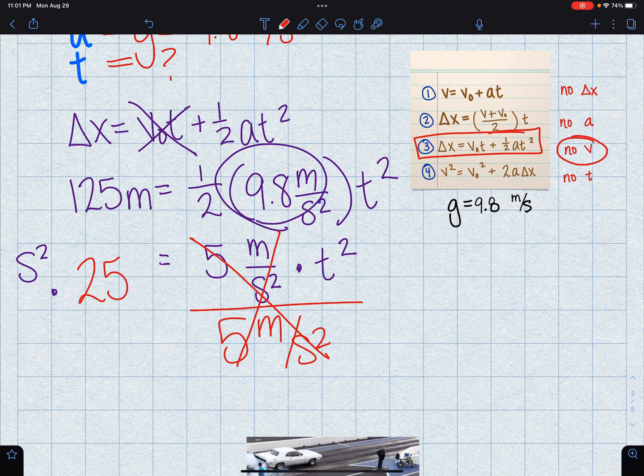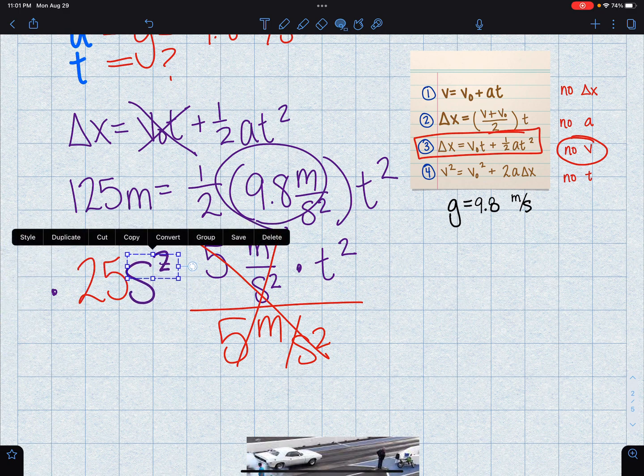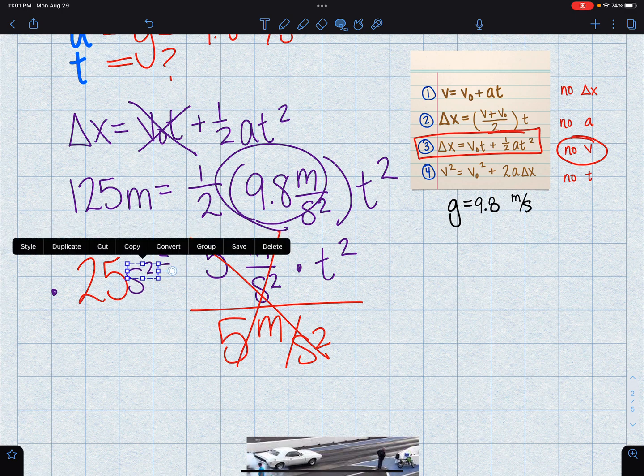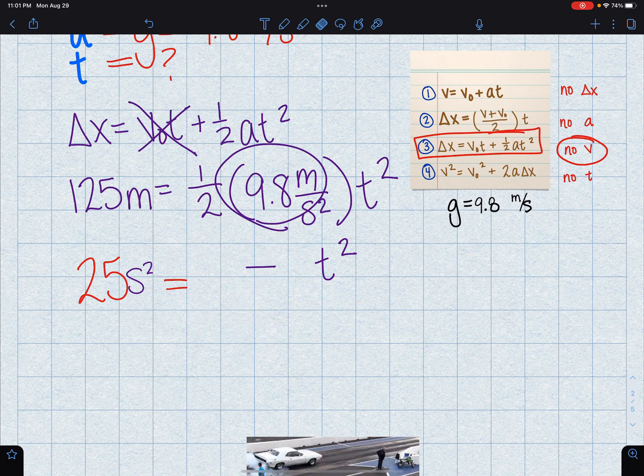So now the only thing we have on this side is 25 seconds squared. I just want to bring that over here. Those are the units. 25 seconds squared is equal to, all of this cancels out, makes it a 1, time squared.